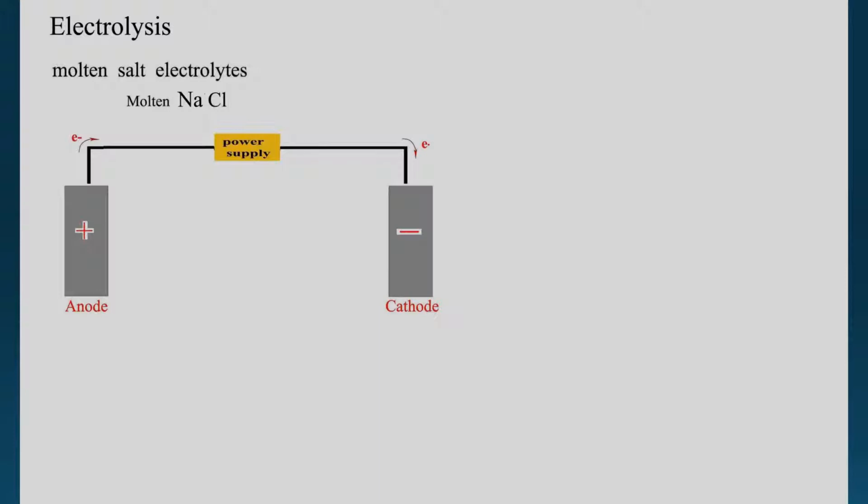If you put this molten salt into the solution, what will happen? The negative ion will flow towards the positive rod. The positive ion will flow towards the negative rod. So chloride, the negative ion, will flow towards the positive anode. Sodium, positive, will flow towards the negative cathode.